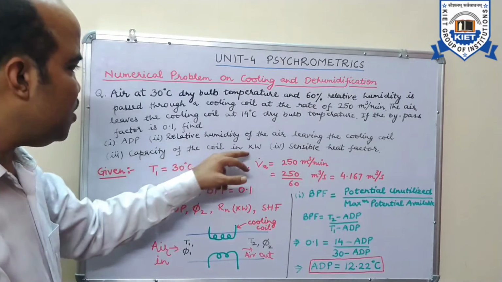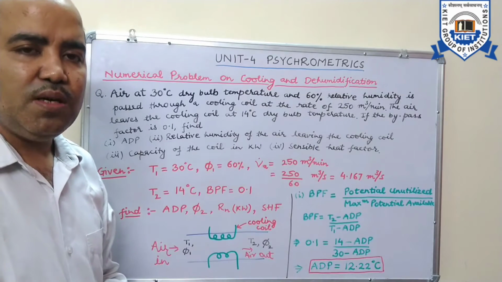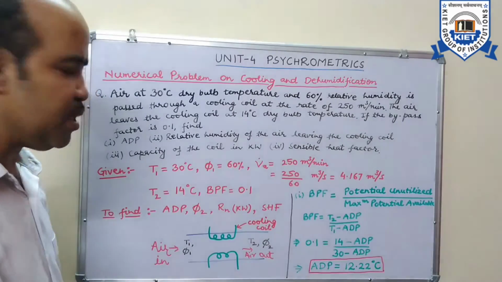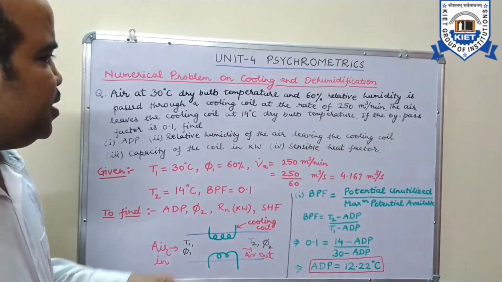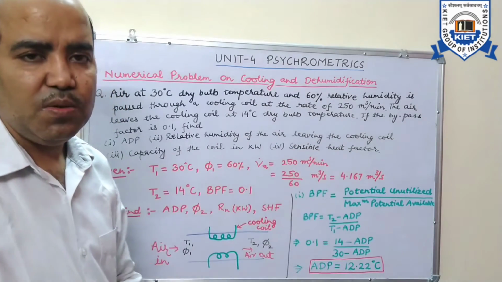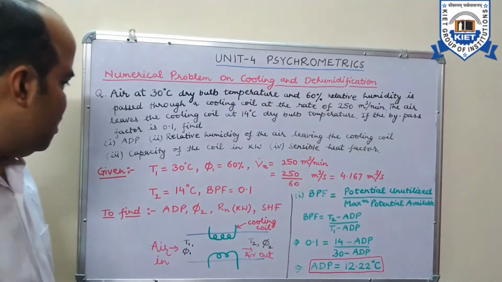Third, the capacity of the cooling coil in kilowatt, that is, the capacity of the coil to provide cooling to the air. And finally, fourth, the sensible heat factor of the cooling coil.